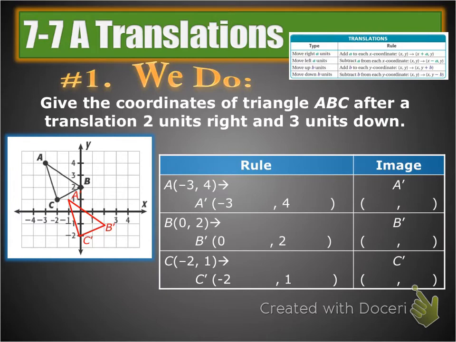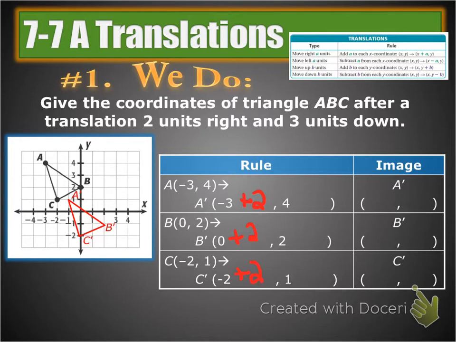Well, if I don't have the chart, one way I can do it is by following the rule. The rule says that if I am moving to the right 2 units, I add the 2 to the x. So we would add 2 to the x coordinates, and that would be for every one.